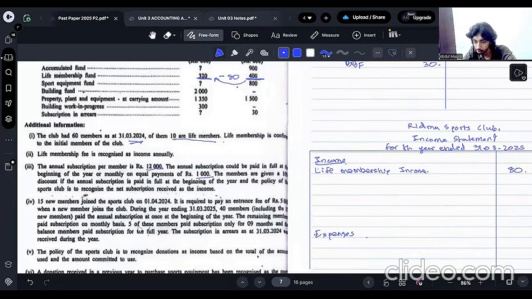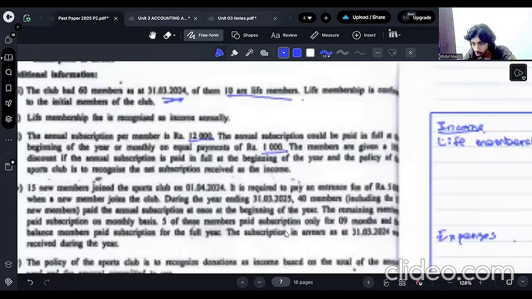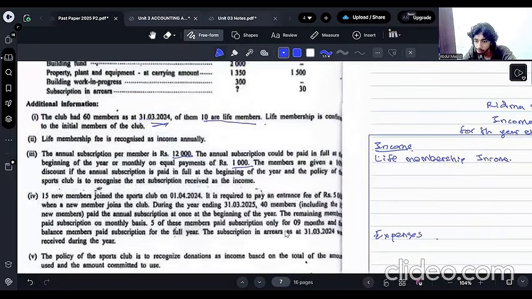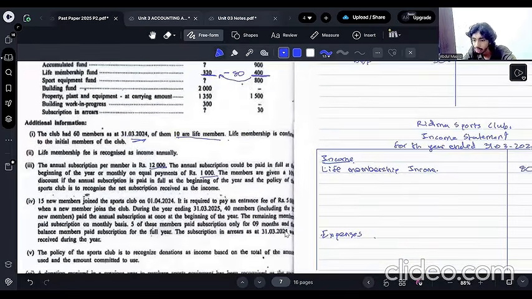Remaining members paid subscription on a monthly basis. 5 of these members paid subscription only for 9 months, and the balance members paid subscription for the full year. Subscription in arrears as at 31st March was received during the year.